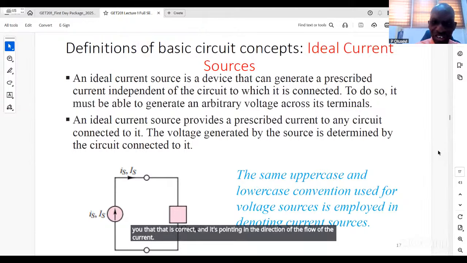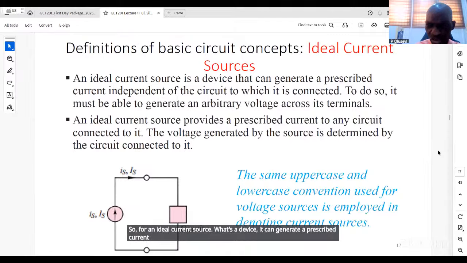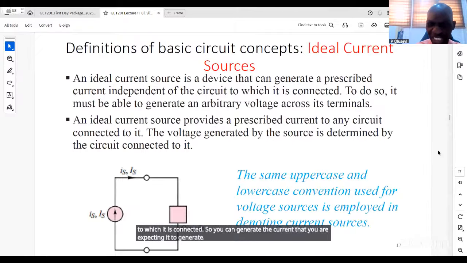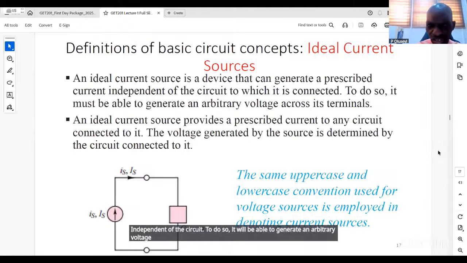So an ideal current source, as a device, can generate a prescribed current independent of the circuit to which it is connected. To do so, it must be able to generate an arbitrary voltage across its terminals.